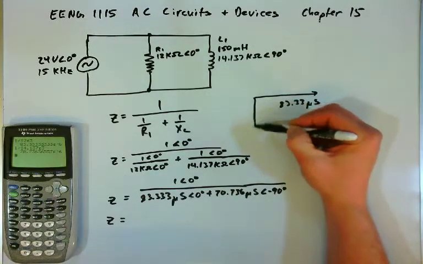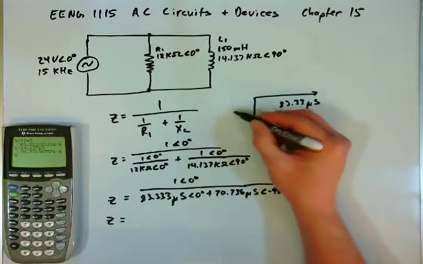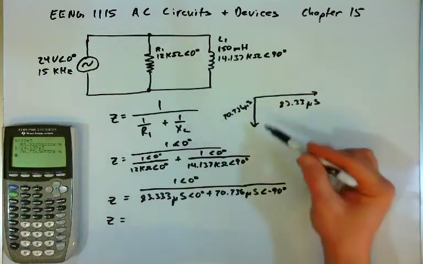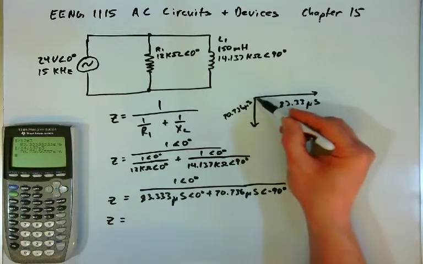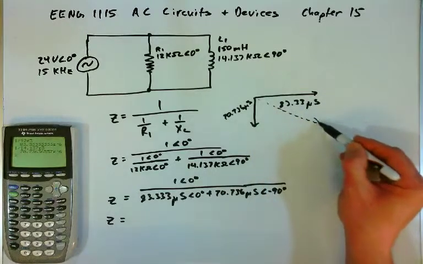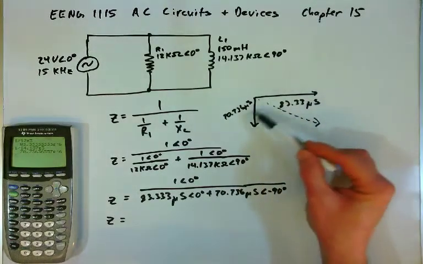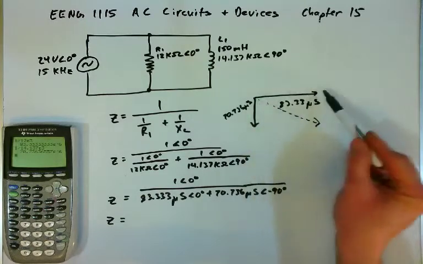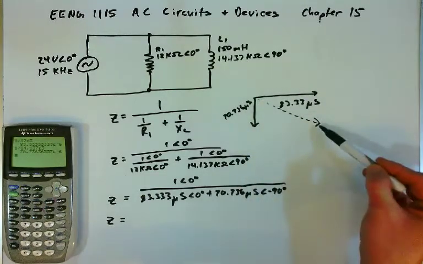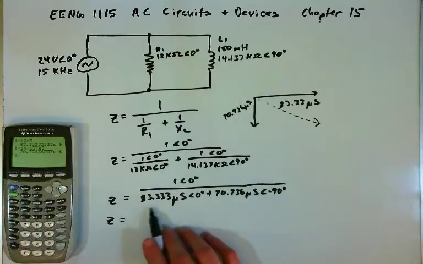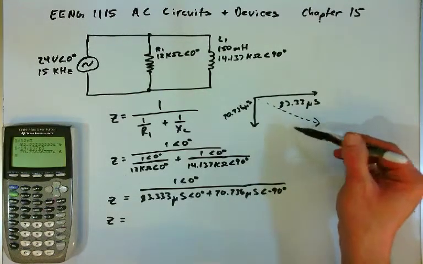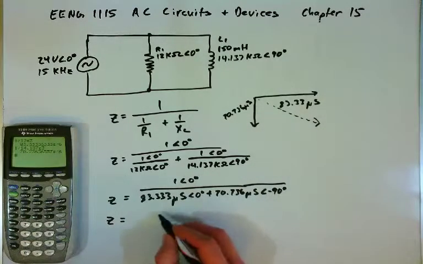We have 70.736 microsiemens, which is at negative 90 degrees, and we're looking for the resultant. And so you can see that the two components are at 90 degrees to one another, and we're looking for the hypotenuse of the triangle. And so the magnitude will be the square root of the sum of the squares of the magnitudes.